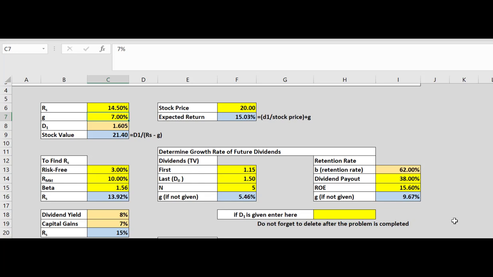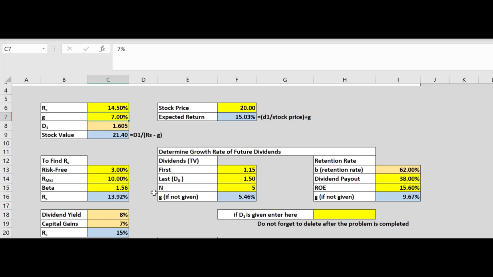If you think that the company is going to be more successful in the future, as an investor, you can adjust the numbers. You can say, the average is 7, but I bet it's going to be closer to 8%. So you can change that number because you're the one doing the analysis.